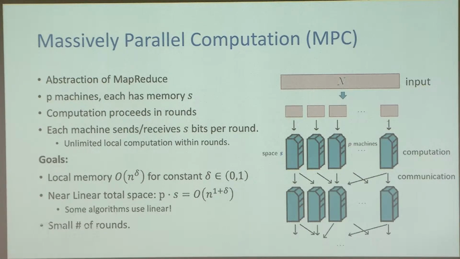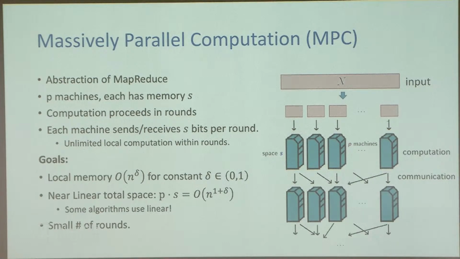In each round, each machine can do some local computation based on its local data, and at the end of each round, each machine can send arbitrary messages to other machines. However, there is one constraint: in one round, the total messages that one machine sends or receives cannot exceed its local memory, because otherwise it cannot store the data locally.